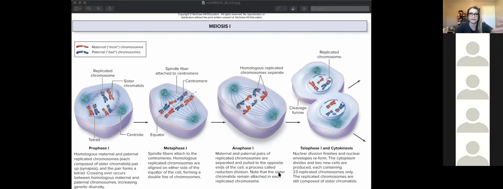So let's say that we're talking about chromosome 5, and I'm making this up. I don't know what's exactly on chromosome 5, but let's say that on chromosome 5, you would have hair color, eye color, and height. Okay. Chromosome 5 from mom will have hair color, eye color, and height. Chromosome 5 from dad would have eye color, hair color, and height.